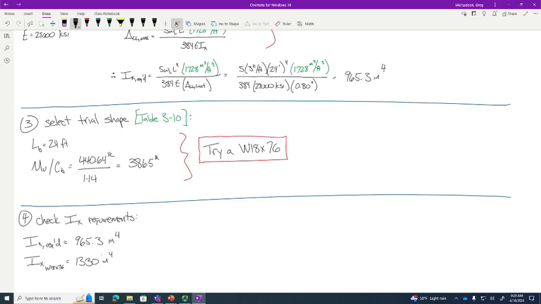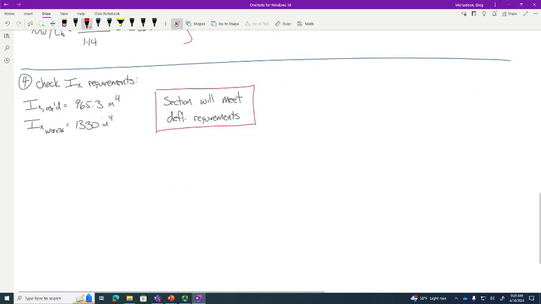So it is a worthy beam to analyze. Now it's time to do some analysis.